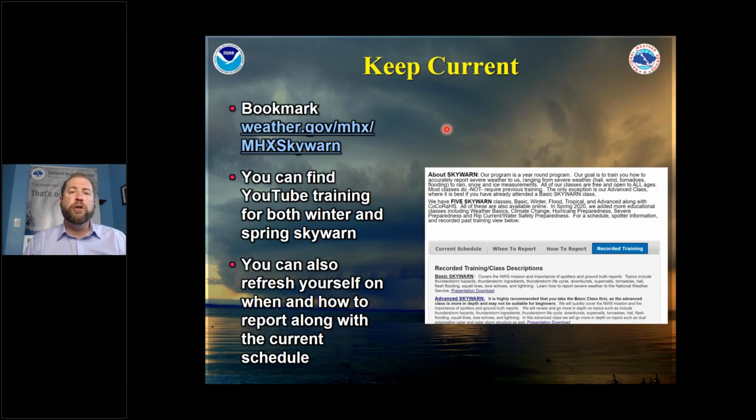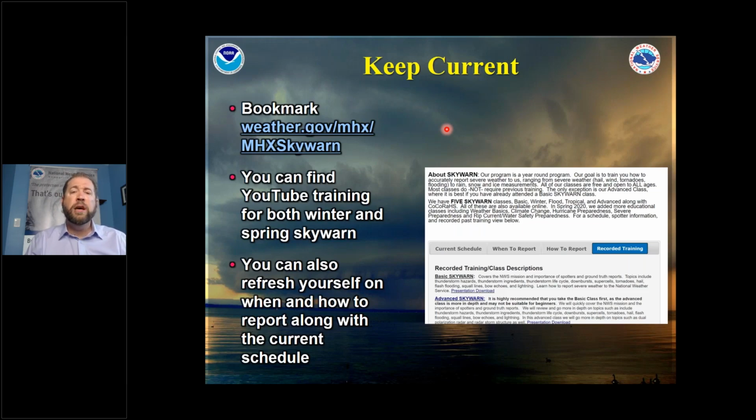We always want to encourage you, whether this is your first class or your second or third, always check back with us every couple years, because while the severe weather pretty much stays the same, we do change sometimes the way we want you to report. We try to keep the information current and fresh, so we do try to keep things updated and relevant.